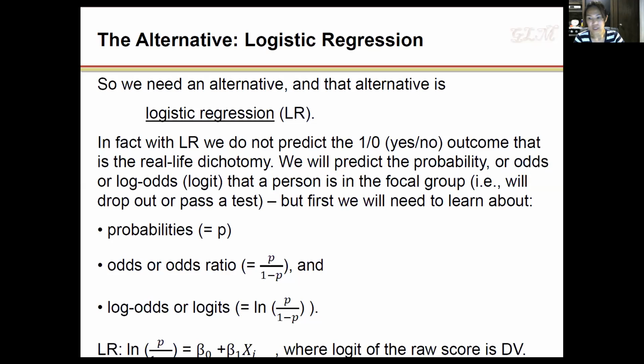We check that, and it's not linear. So we change this into this. So this is probability, and p over 1 minus p is called the odds or odds ratio.